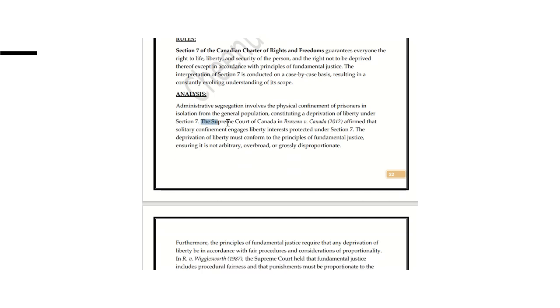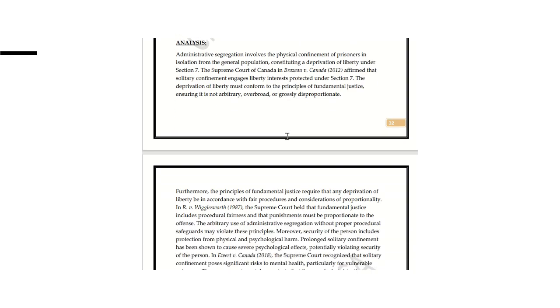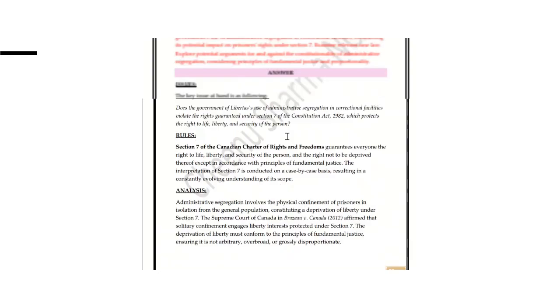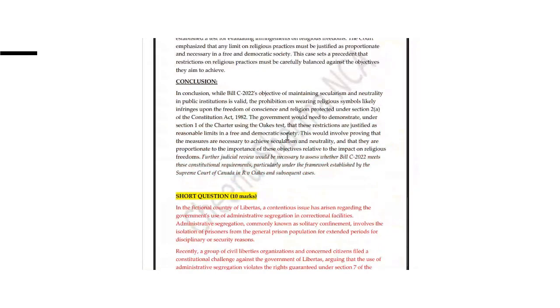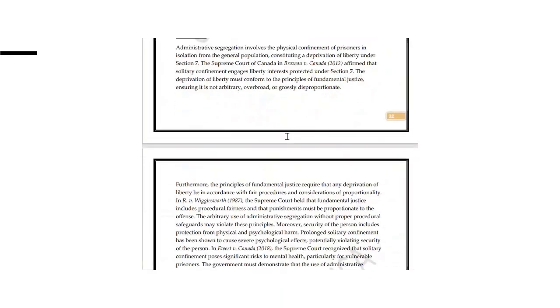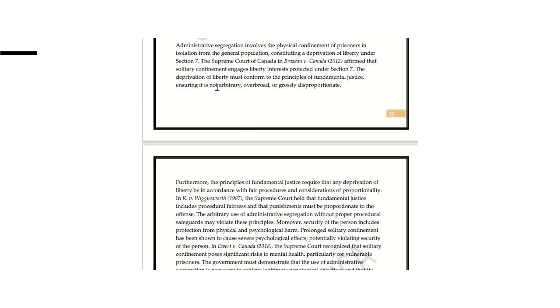This is the case upon which I prepared the facts of the question. Since this is a short question, like a 10 marks question, I am not elaborating on what are arbitrary laws, overbroad laws, or grossly disproportionate laws.